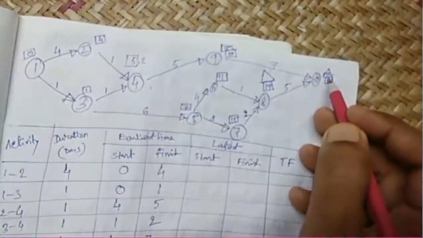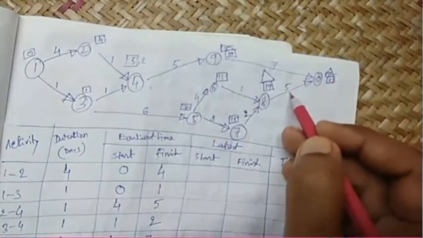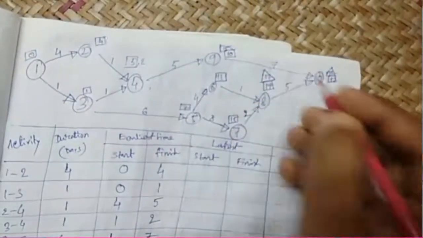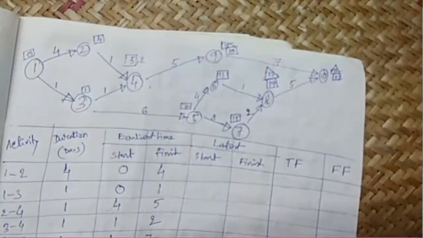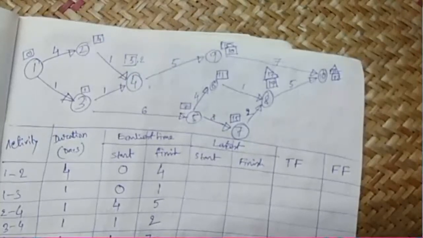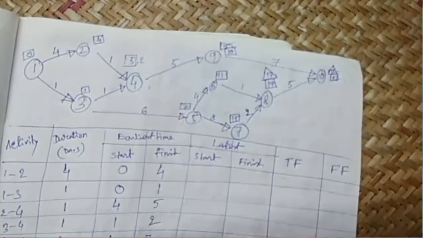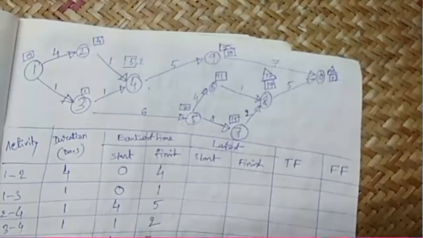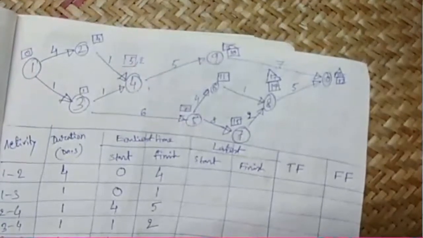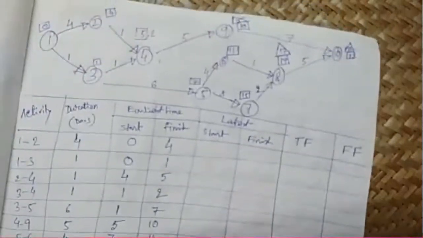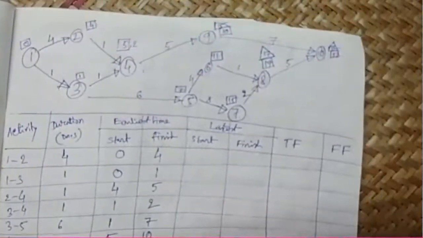The latest finish 22 minus 5 will be 17. So we write the latest start of 8 10 as 17. Any questions? No, sir. Okay.